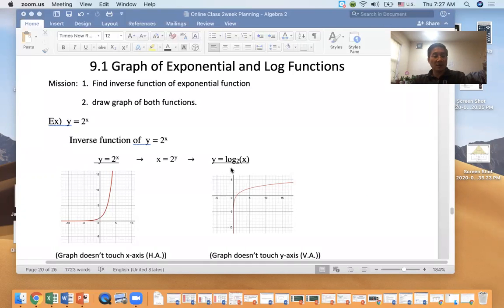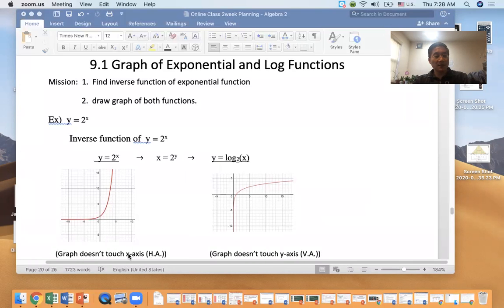So how do you draw the graph? Exponential function, we should know the graph never touches the x-axis, right? It looks like the graph touches here, but actually it doesn't touch. It goes close, close, close, but never touches. That we call horizontal asymptote.